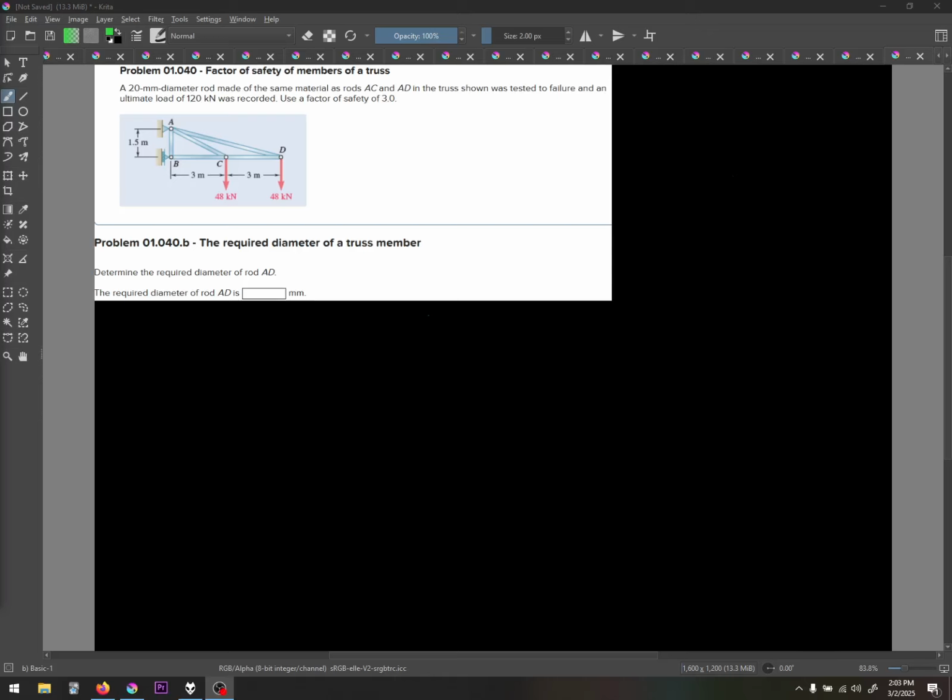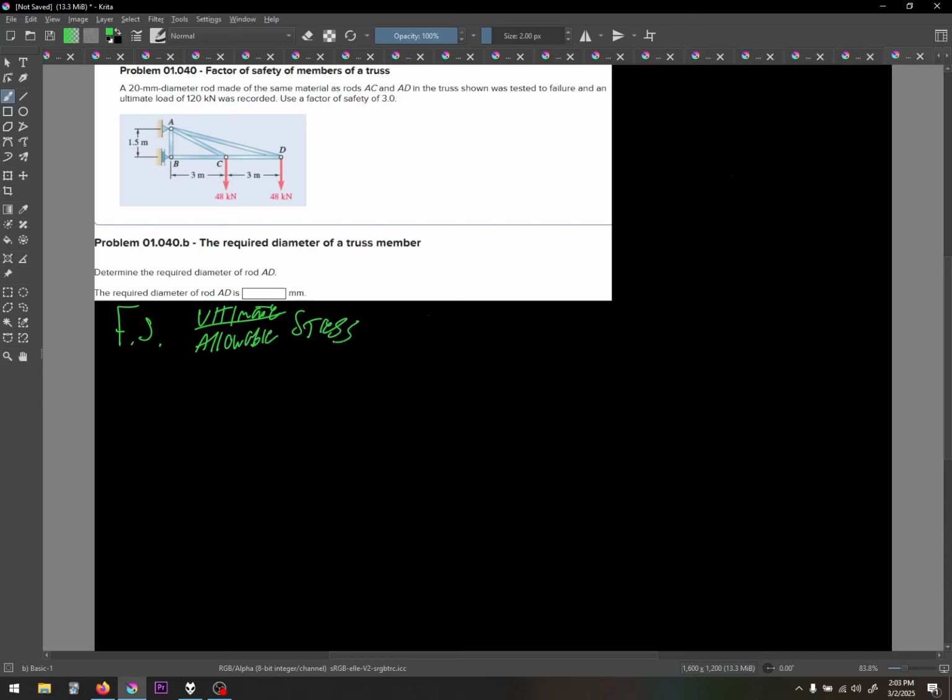So this one's the part B to the first one. So here is a factor of safety problem, where factor of safety is the ultimate over the allowable stress. And we know that stress is equal to the force over an area, and the force we're looking for is FAD.